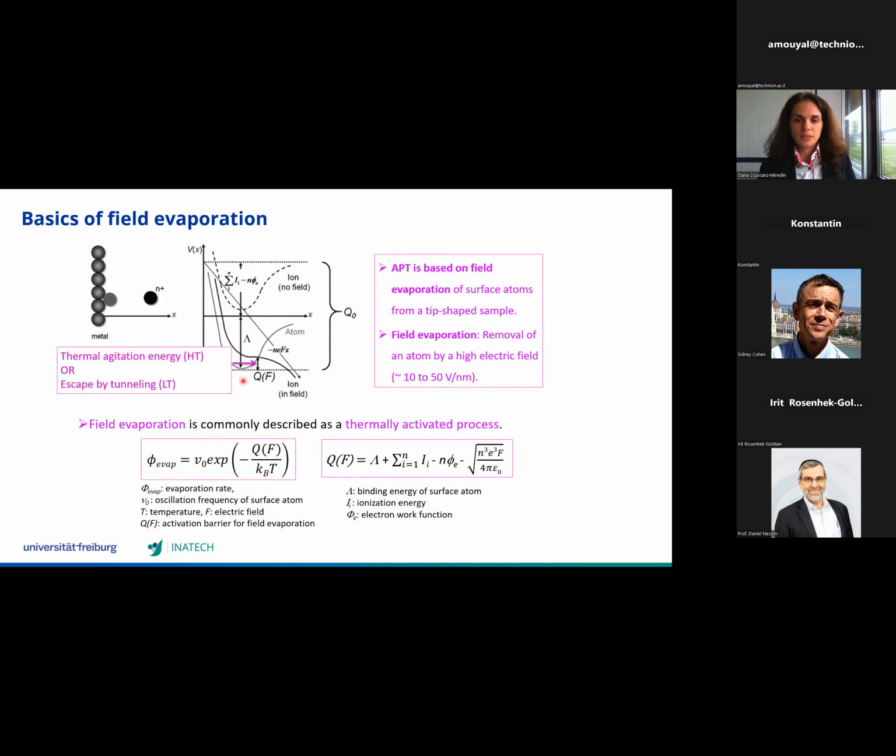This would basically be the binding energy of the surface atom plus the ionization energy minus the field that has been applied, because the field, of course, strongly reduces the activation barrier for field evaporation. So we end up with this formula.